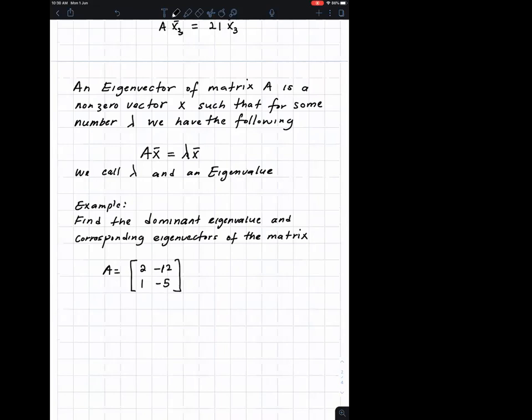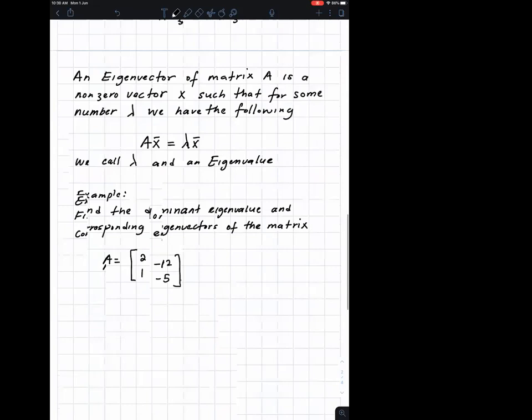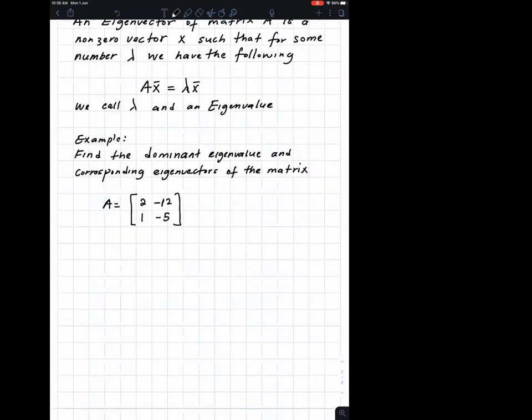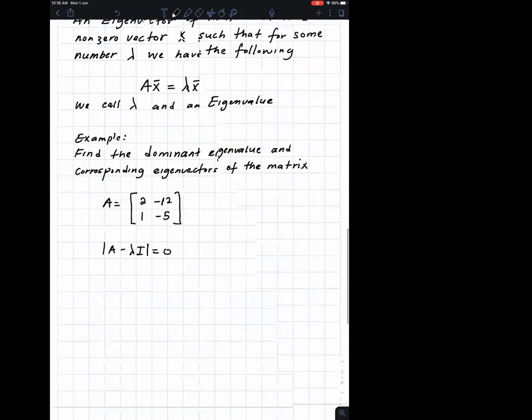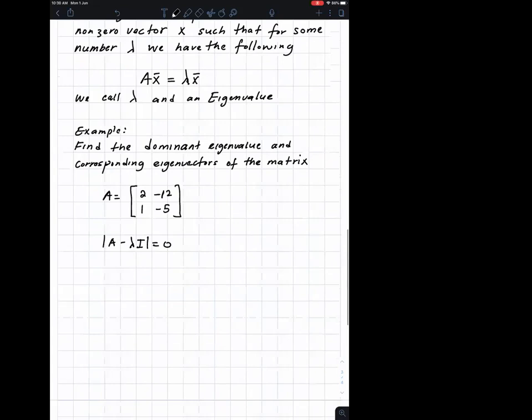Given a 2 by 2 matrix, to find the eigenvalue, this is what we used to do. Take the magnitude. This is called the determinant.